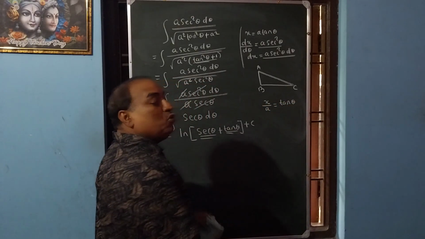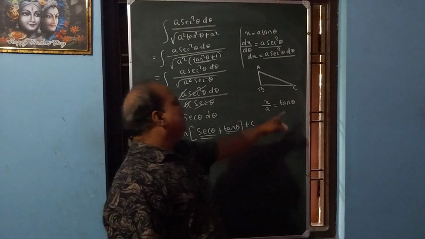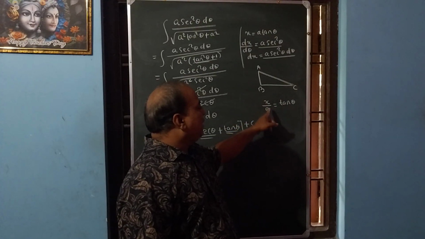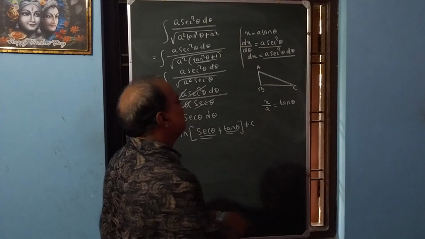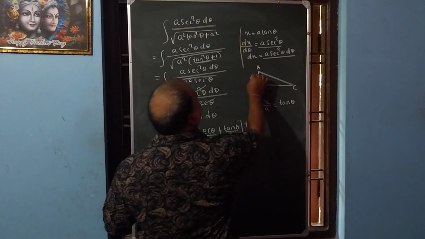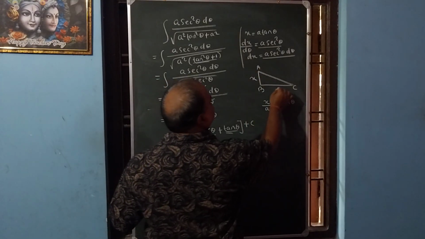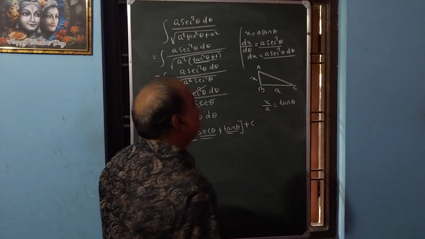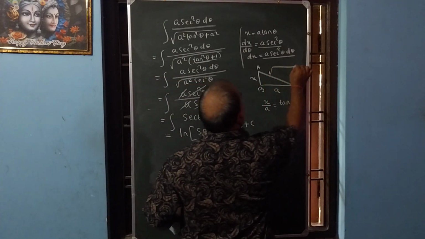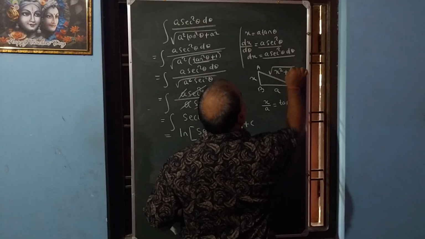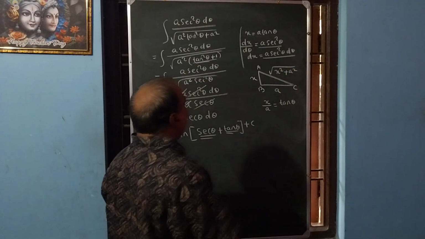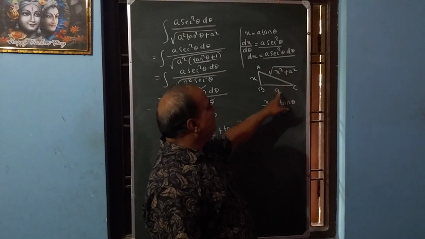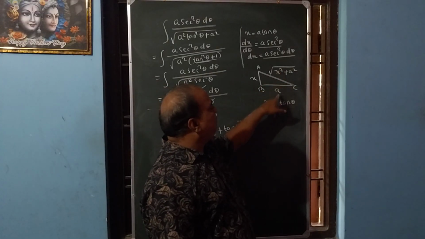Tan theta is equal to P by B, perpendicular by base. So we get perpendicular is x here and base is a here. When perpendicular and base are given, then hypotenuse can be found out by root over x square plus a square. So now sec theta is equal to h by b.